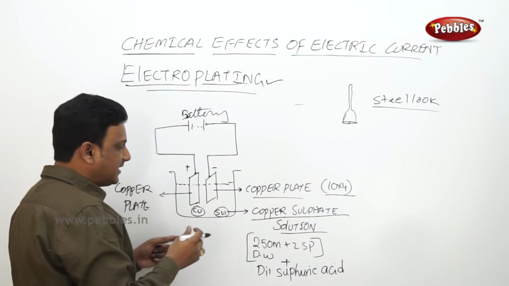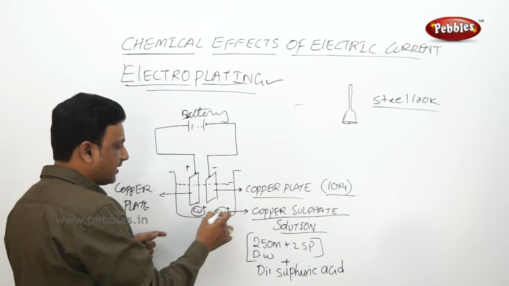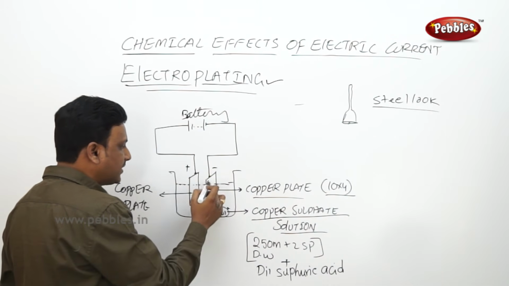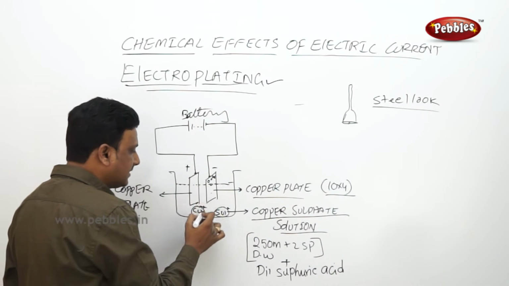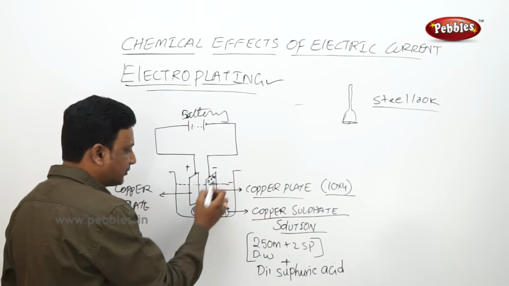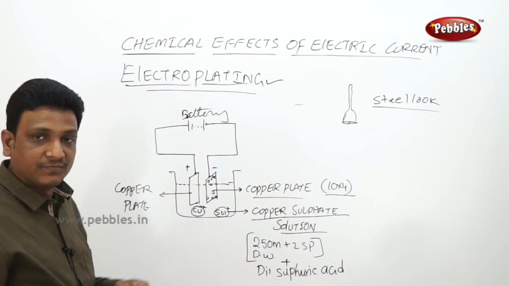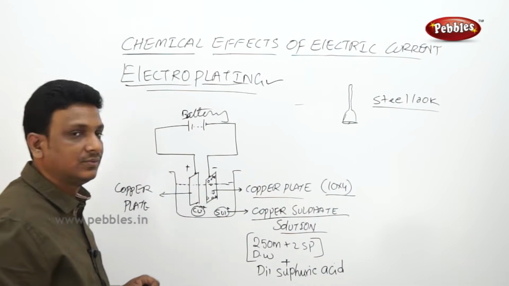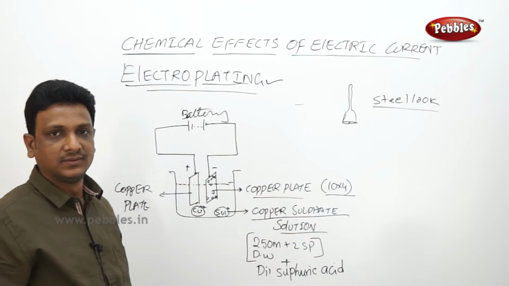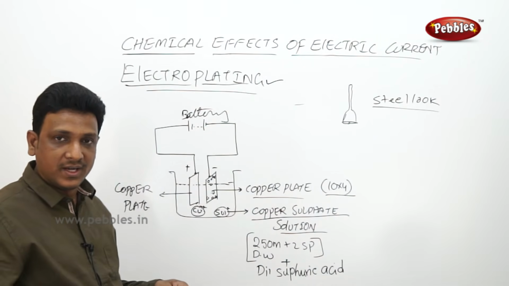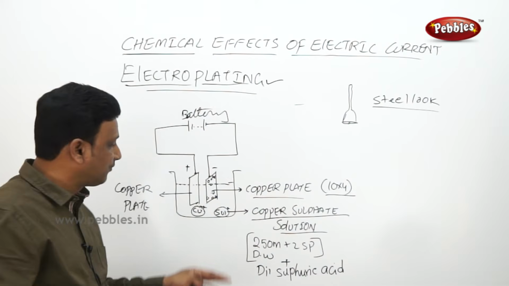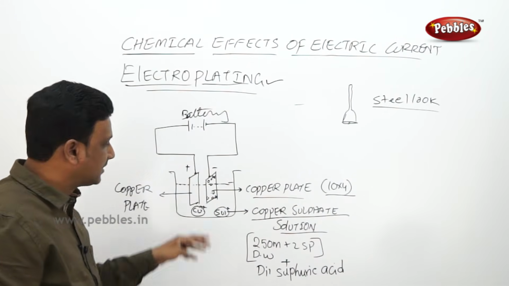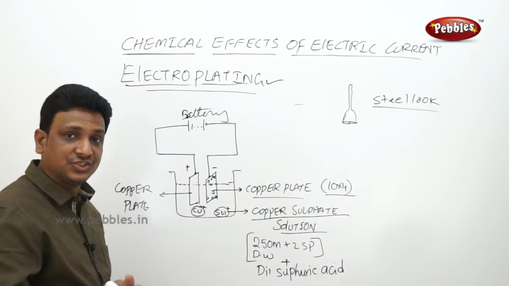The copper sulfate dissociates into copper ions and sulfate ions. The copper ions will deposit on the copper plate connected to the negative terminal. From the solution, the copper is getting deposited on this plate. Then the solution becomes deficient in copper because it is getting deposited on the plate, so it has to be restored.